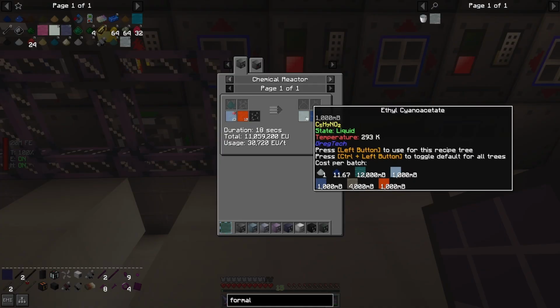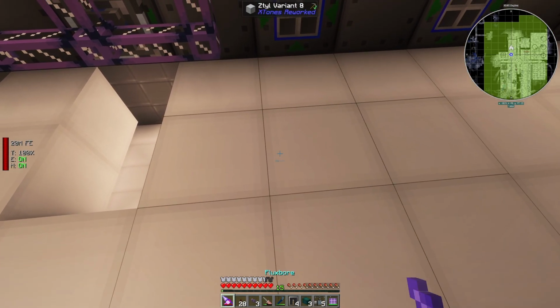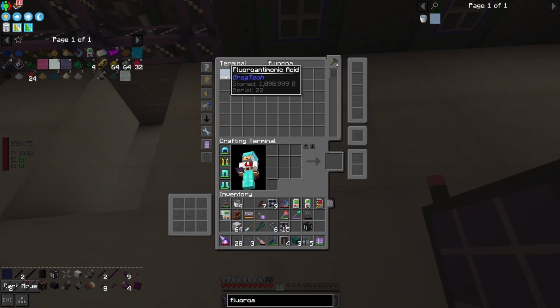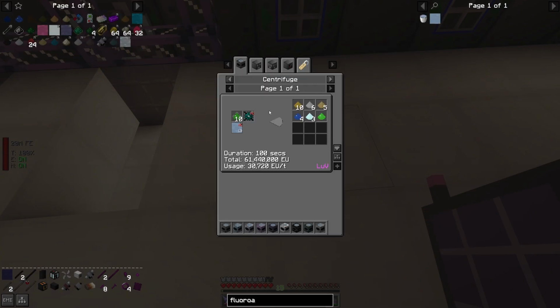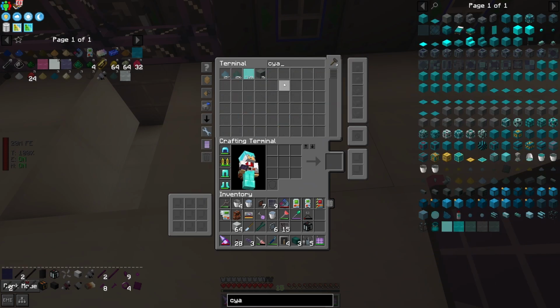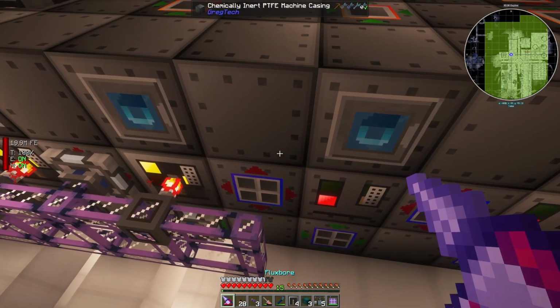We just need the initial supply. So, do we have fluoroantimonic? Two buckets. Where'd the other one go? Okay. That is going to need ethanol with a cyanoacetic acid dust.